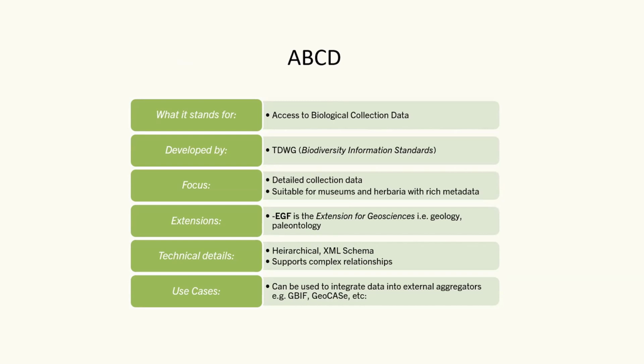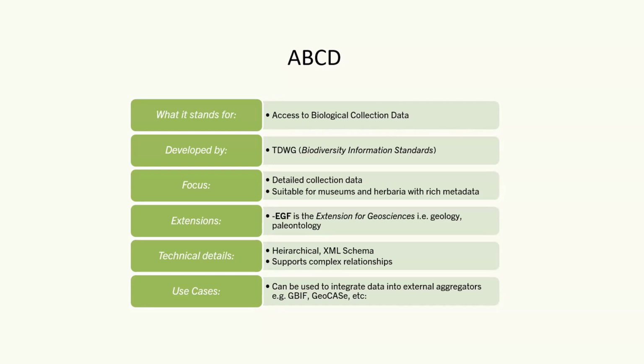It's basically a way to catalog or document your objects in the collection, and this is all based on object-oriented data. It also has extensions, so it's not just for biological data, but it has an extension for geosciences, which is ABCDEFG. And for the technical details, it's hierarchical and has an XML schema and supports complex relationships.